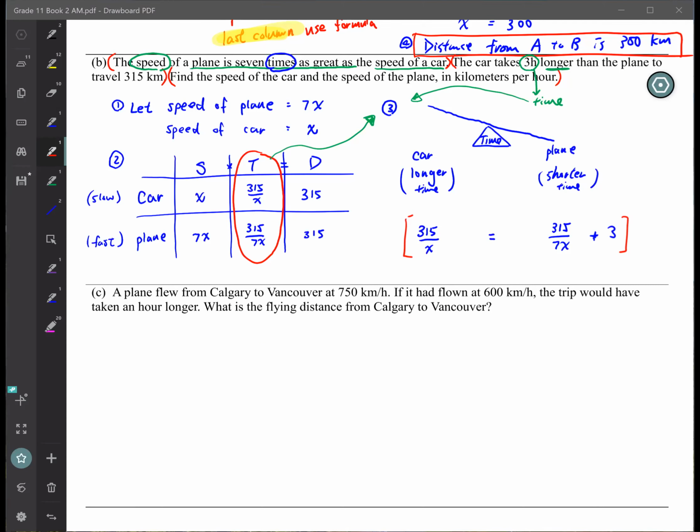Wait, Jason, are we doing the next question, number C? Yeah, we are doing question C, but only steps 1 and 2. We'll come back to solve the equation later after we finish all the setup.